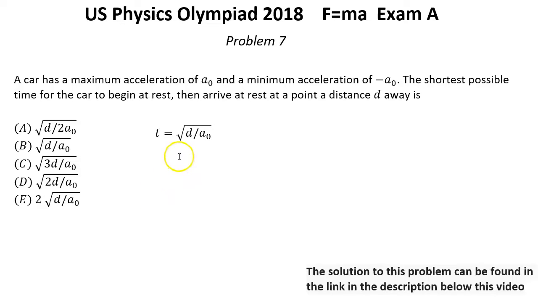The time to cover half of this distance is this square root of d over a0. And the same time we will spend with the deceleration negative a0. So it means that the correct answer is 2 times this t, which is E. That was the solution for problem number 7.